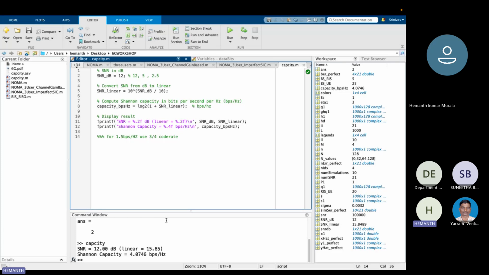How will you calculate these things? Log 2 of M. You do not remember this formula? M is the modulation count, we can substitute M here. Log 2 of M: 16 means 4 bits, then 64, then 256.